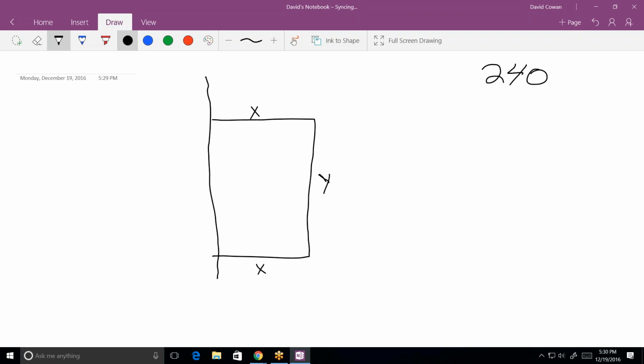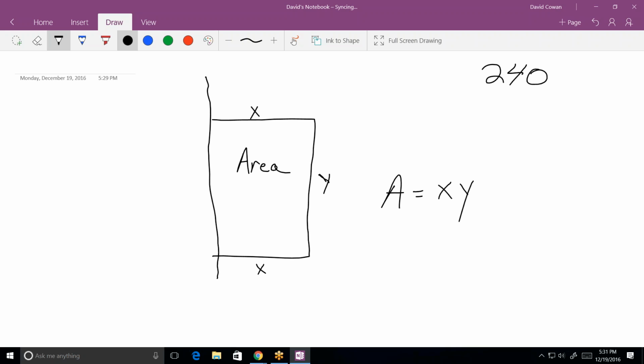What we're trying to maximize is the area, correct? Correct. So always start with the function you're trying to find the maximum of. What's area equal to? x times y.